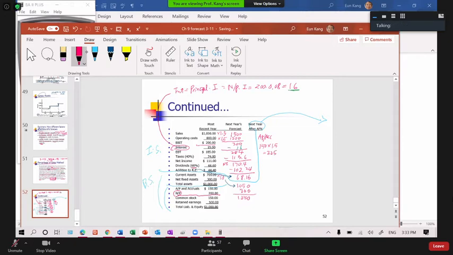Maybe this is not a good place. All this right here, AP and accruals is 150 times 1.5, which is 225.